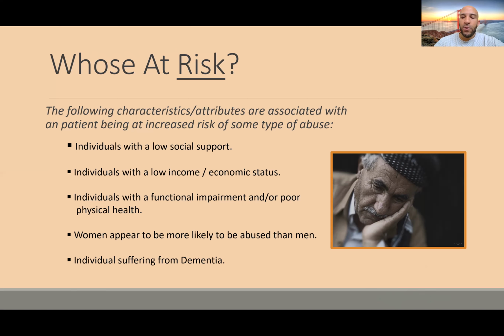Women also, according to studies, appear to be more likely to be abused as opposed to their male counterparts. And last but not least, individuals suffering from dementia. Individuals with dementia are at an increased risk just because of the general way that dementia affects the brain.